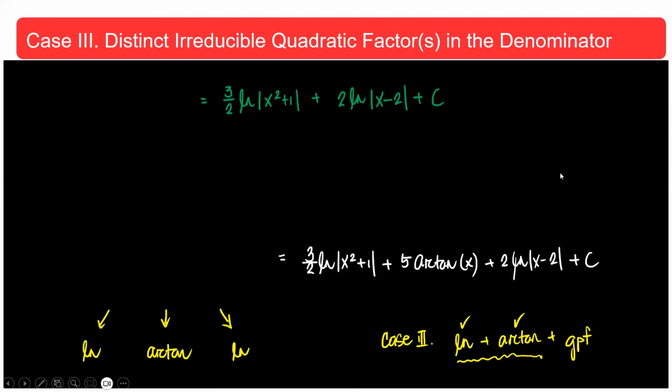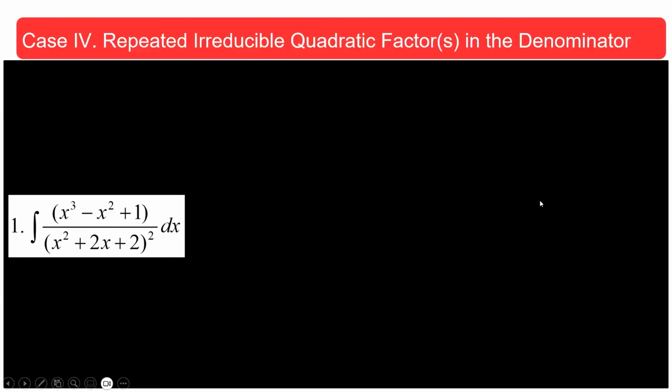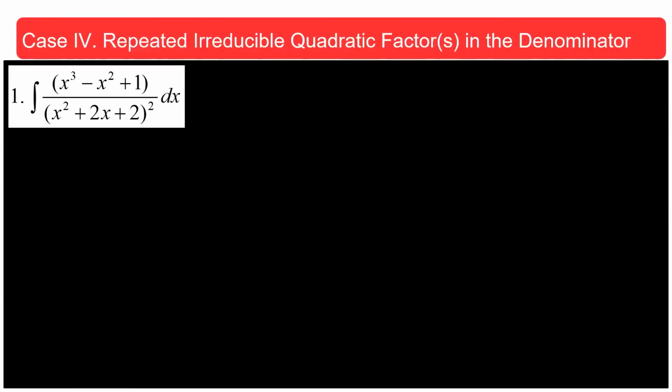If it's case 2, no matter what you do, it will always be ln and GPF. Okay? Case number 4, this is quite, quite long to do. But let's try doing it. A, B, C, D. All right. So x squared plus 2x plus 2.